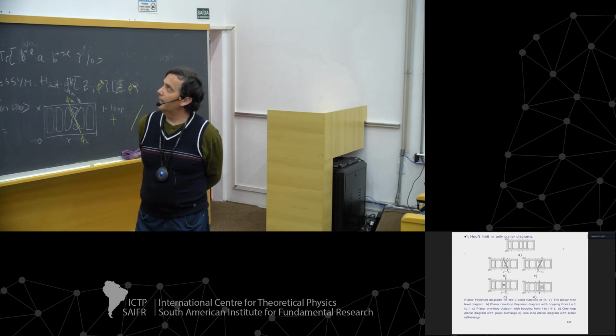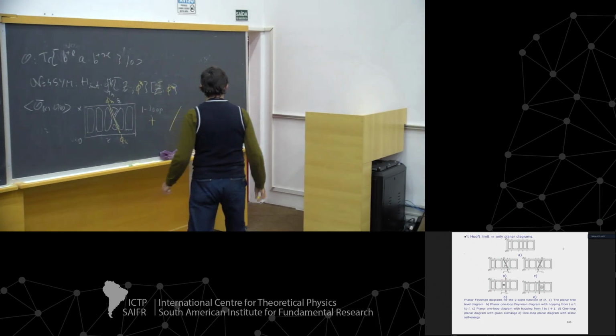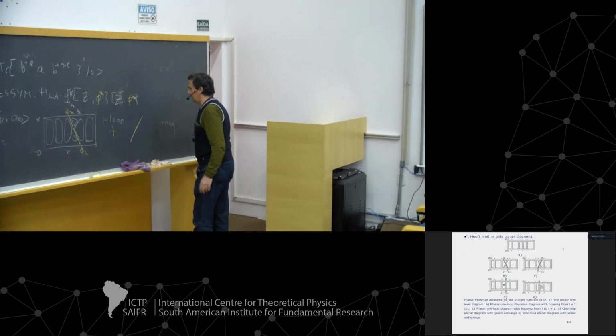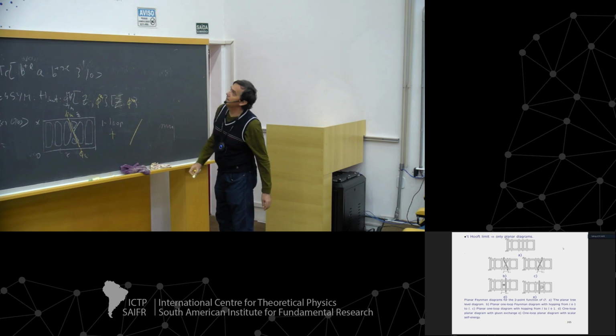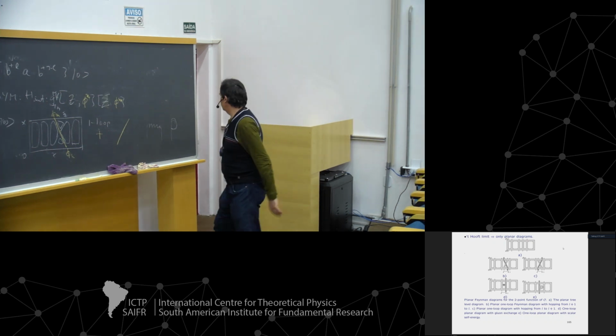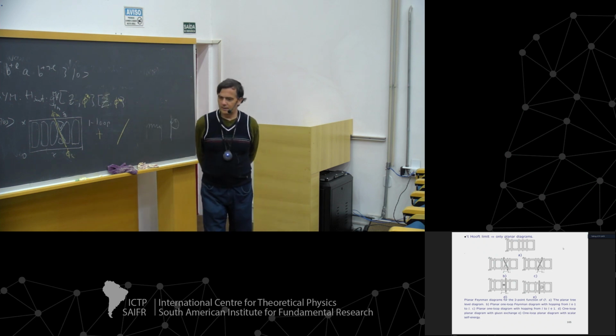But then I could also have things where there's a gluon in between two of these scalar lines, or a scalar bubble. Let me make it like this so that it's clear.